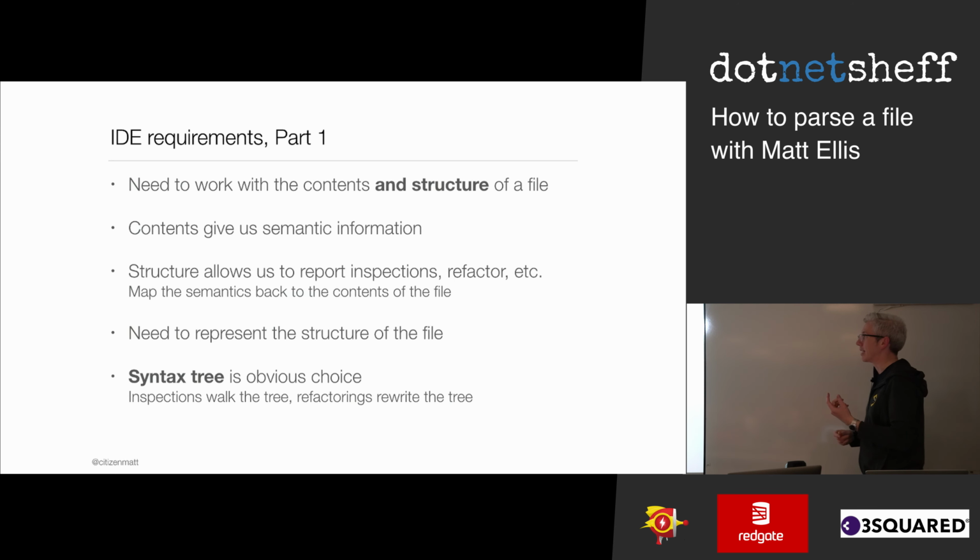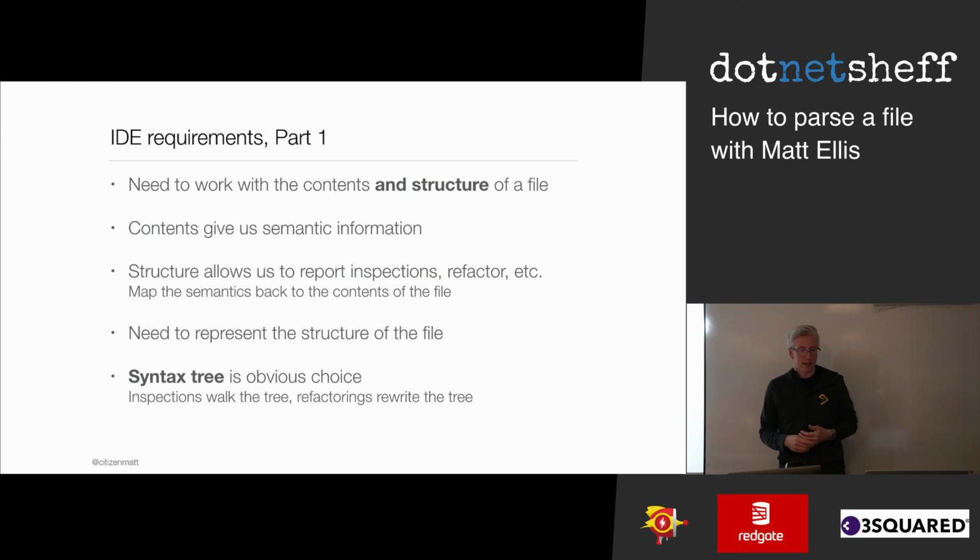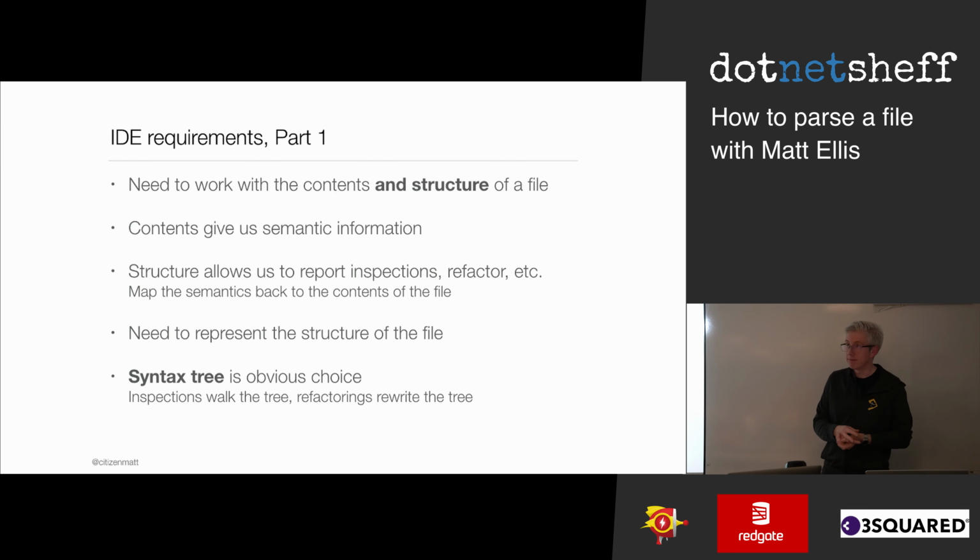The contents give us the semantic information, but the structure allows us to report where our inspections are showing errors or warnings, and it allows us to rewrite and create refactorings. Basically we are mapping the semantics back onto the contents of the file.